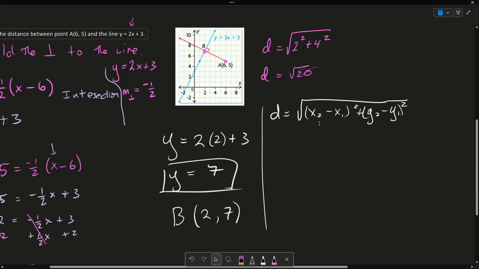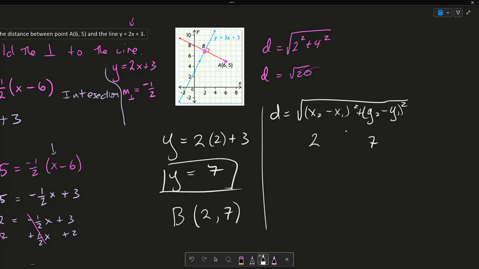All right. And so I've got my 2 points. A, which is right here, 6, 5. All right. And I've got B, which is 2, 7. So I'm going to put those in there. So my x-coordinate for point 2 is 2, and my y-coordinate for point 2 is 7.